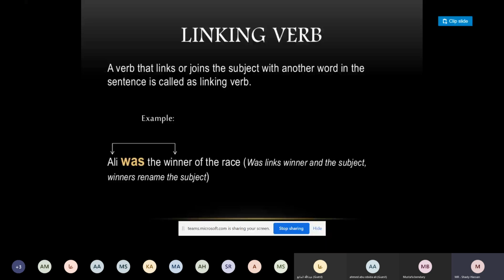Okay, the verb hear. The second form is heard, and the third form is heard as well.